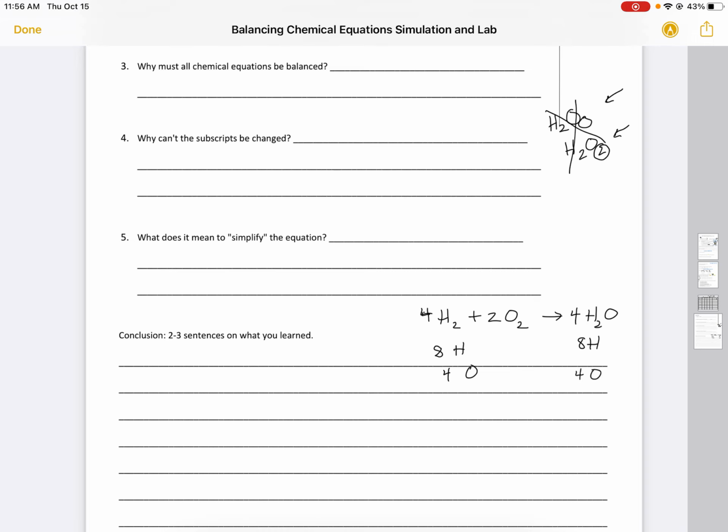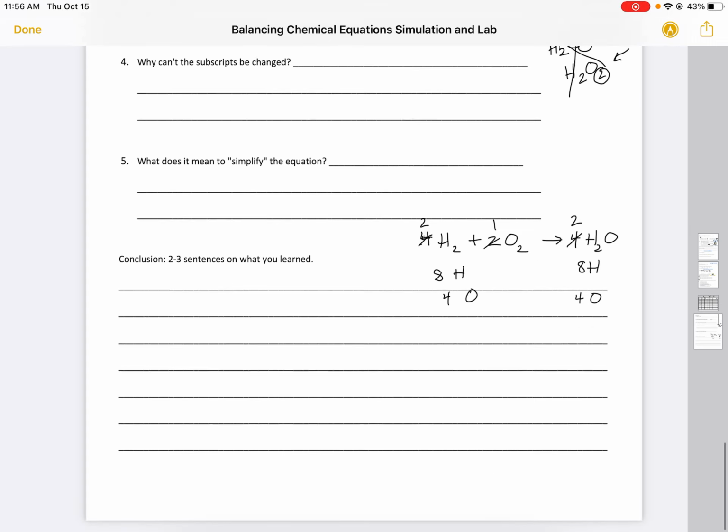So it's balanced, but we can reduce all of the numbers in the front. That could be a 2, a 1, and a 2 if we divided all of those coefficients by 2. That's what I mean by simplifying the equation, making sure those coefficients are in the lowest common ratio.